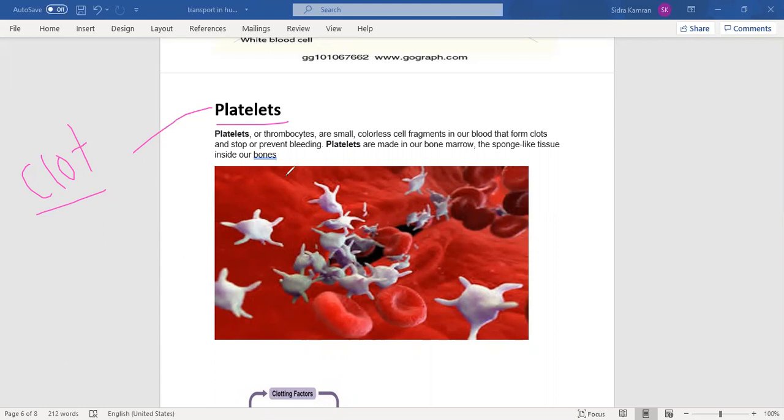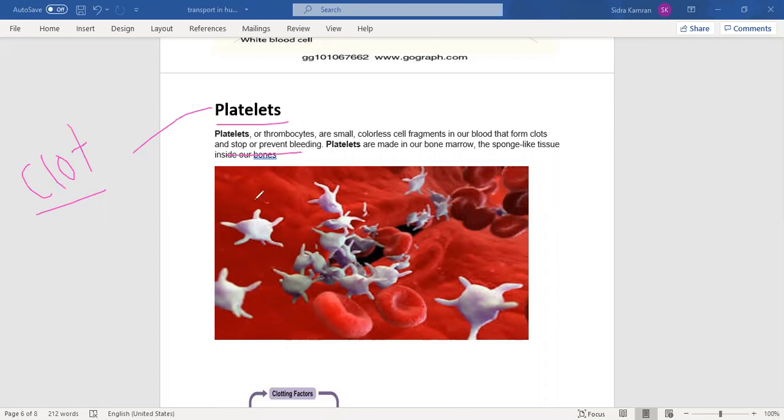So these platelets form a clot to prevent the bleeding, to stop the bleeding. If you face any kind of cut on your skin, these platelets quickly come into function and stop the blood from wastage, preventing bleeding by making a clot.